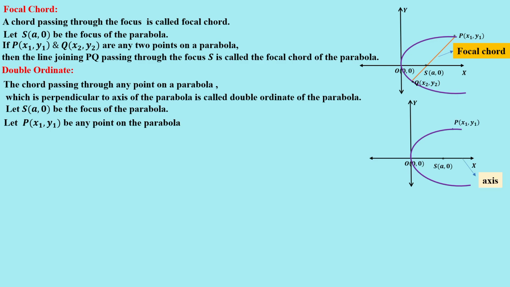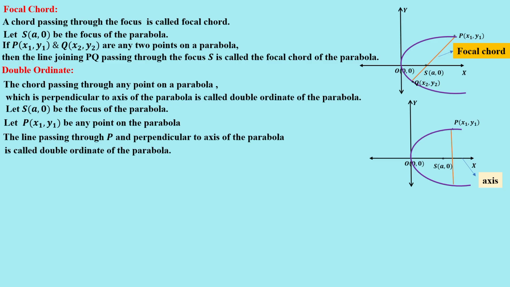The x-axis is the axis of the parabola because it contains the focus. The line passing through P and perpendicular to the axis of the parabola is called the double ordinate of the parabola.